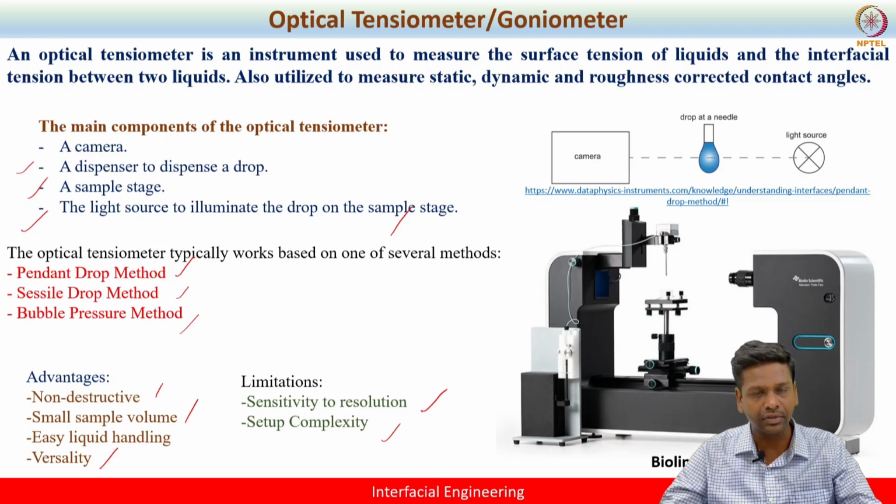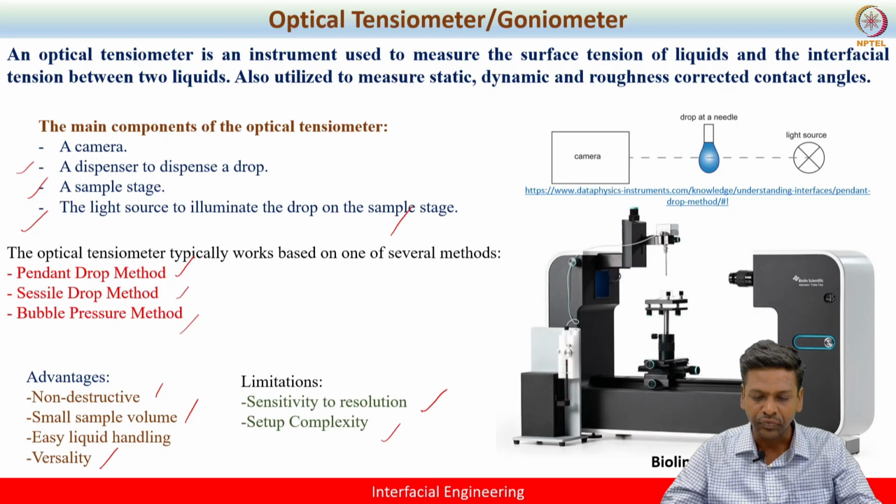There is something called baseline correction, and there is also height and width calibration. This needs to be performed every time we use this goniometer. These are a few limitations of this technique.